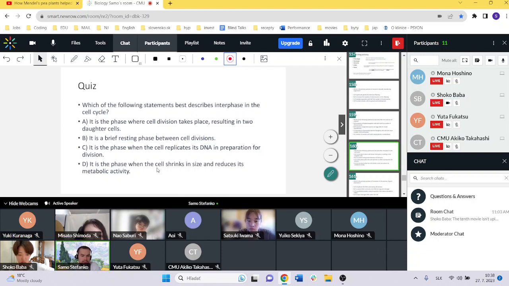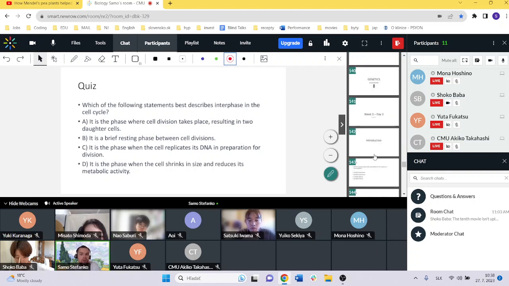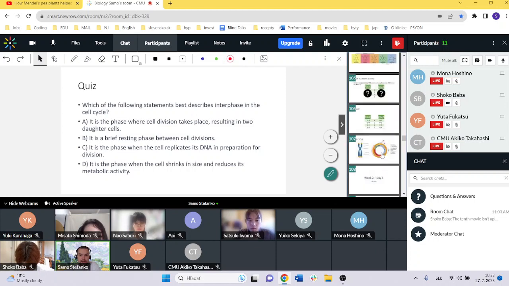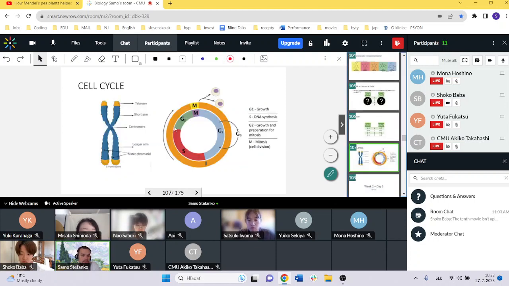It is the phase when the cell shrinks in size and reduces its metabolic activity. So if we get back to our cell cycle diagram, we remember that we have basically three phases during interphase: G1, S, and G2.